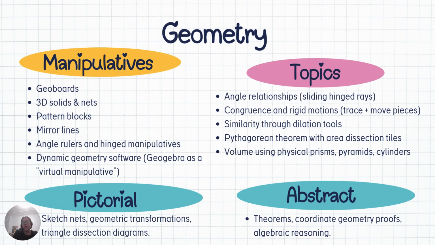Geometry becomes far more intuitive through hands-on models, like for example, geoboards to explore polygons, slopes, and triangle areas, pattern blocks for angle relationships, paper nets and 3D solids to understand surface area and volume, mirror lines to demonstrate reflections, and sliding and rotating cutout shapes to show congruence and rigid motions.